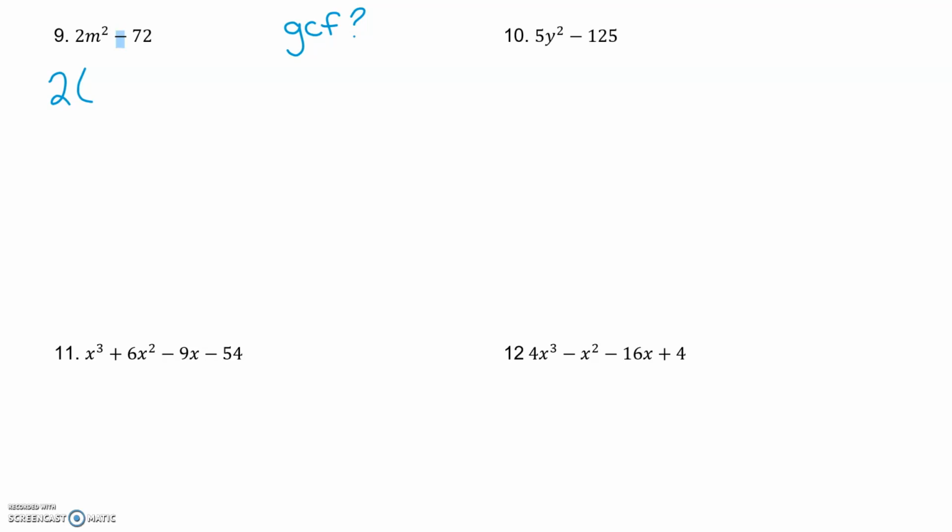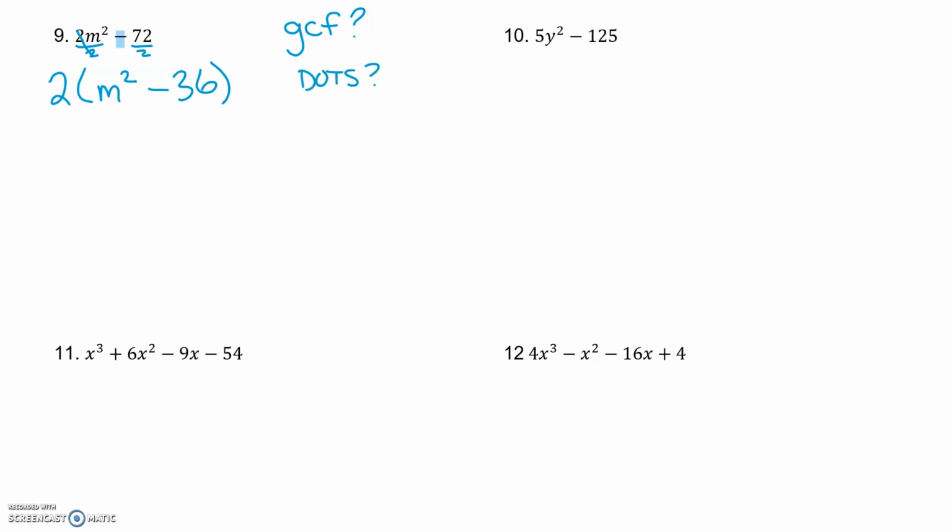When we factor out a 2, if you like the division, you can think about it like the division. That's going to leave us with m squared minus 36. Okay. Now we can go and ask ourselves, do we have a difference of squares problem?